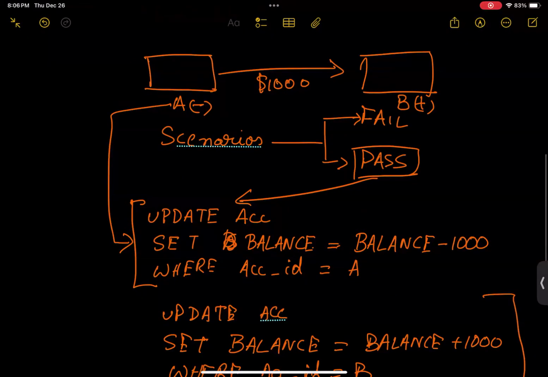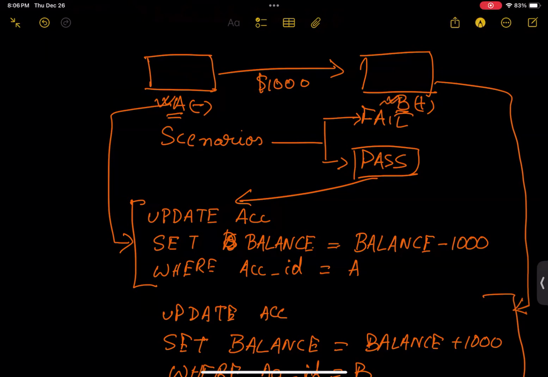No, A and B are the account names, not database names. These are account names. This was account A, and this was account B. One is a checking account, another a savings account, like separate names. Okay.